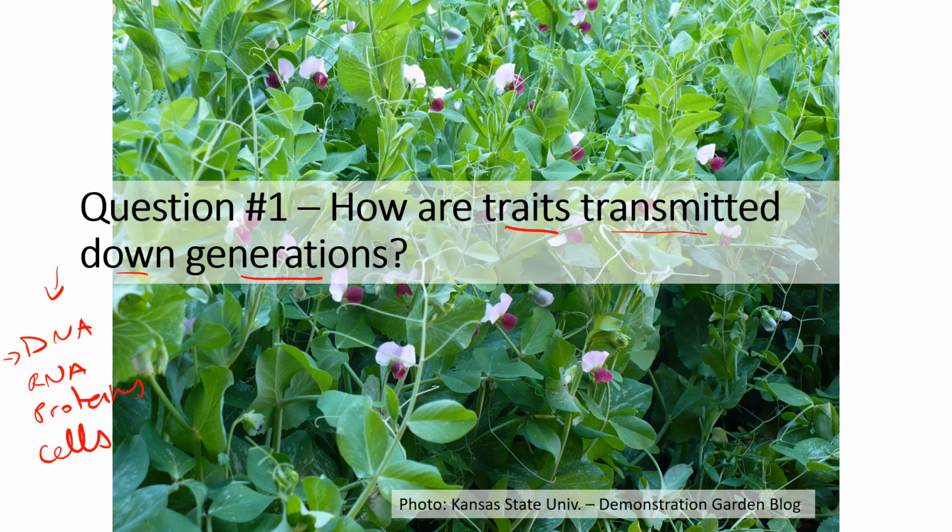Actually, the word genetics is relatively recent, but humans have been using genetics for a long time, and we're going to start by showing you the first example, that is selective breeding.